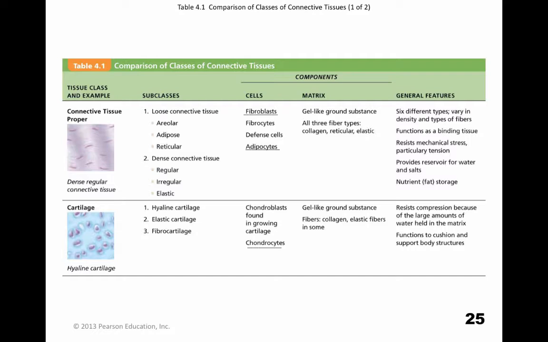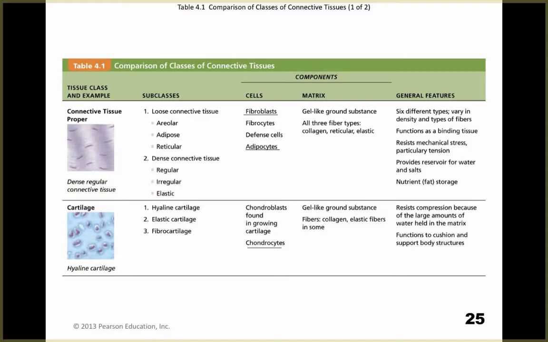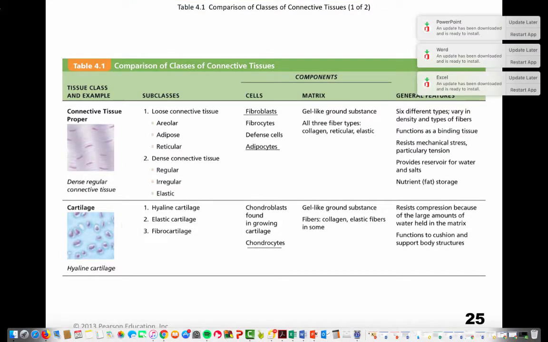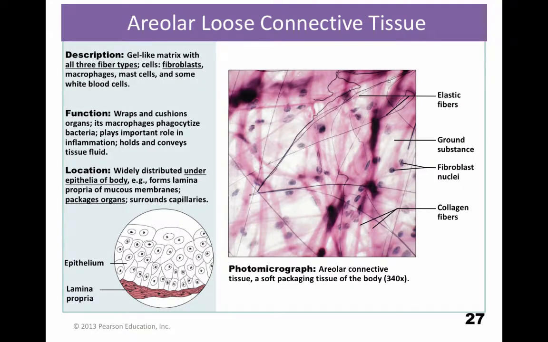So when you get into cartilage, it's very easy to see, sorry guys, these little round circles with the cells in them versus lines, right? Versus what bone is very specific and blood looks like. So let's go over these.